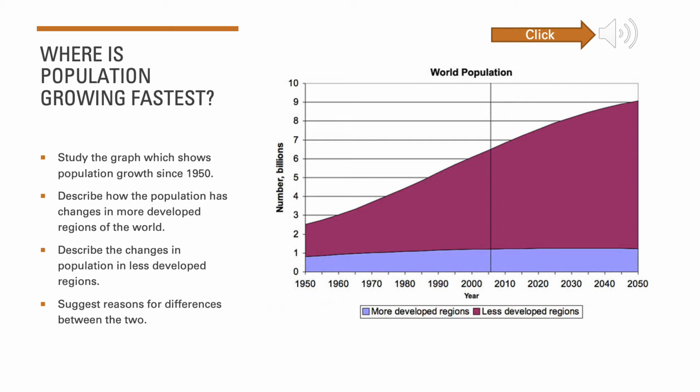If you look at the low income countries, that's the part of the graph in red, then in 1950 there's probably about 1.5 billion people living in low income countries, and that has increased quite rapidly up to today, and then carry on increasing up until 2050. But you'll notice that by 2050 the rate of growth in population in low income countries is actually due to slow. And we're going to have a look at the reasons for that.